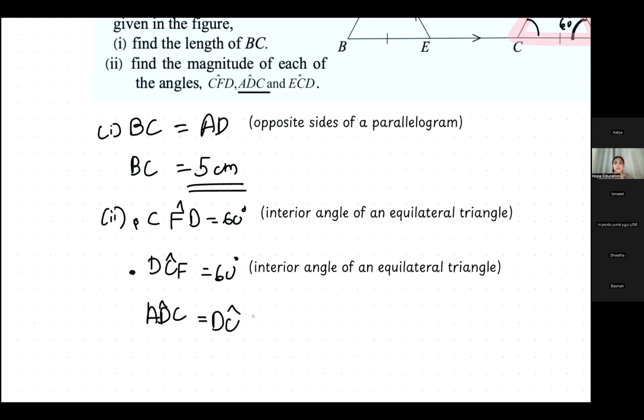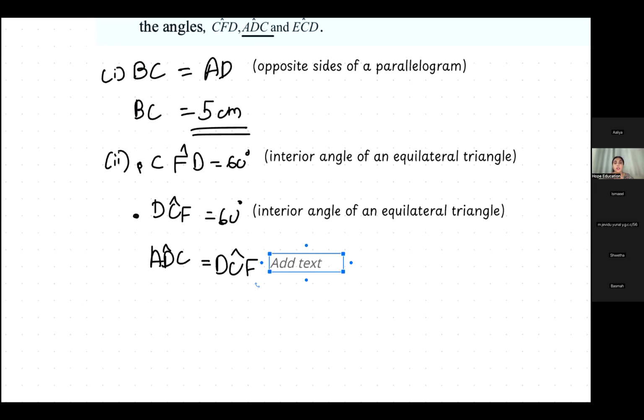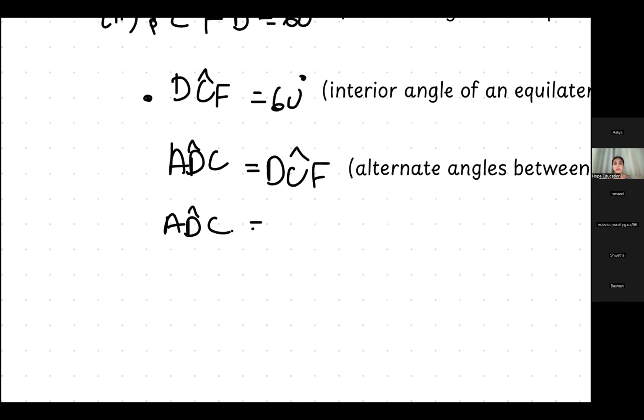Why? Because these are alternate angles between parallel lines. Since DCF is 60, we can say ADC is also 60 degrees. This is how we get that.